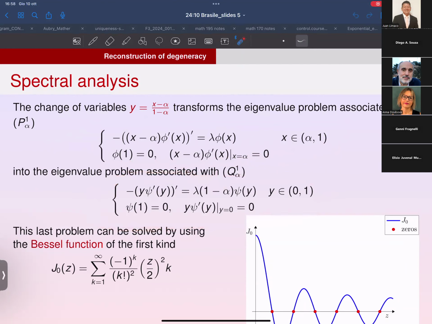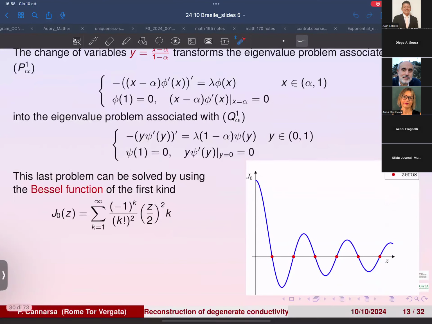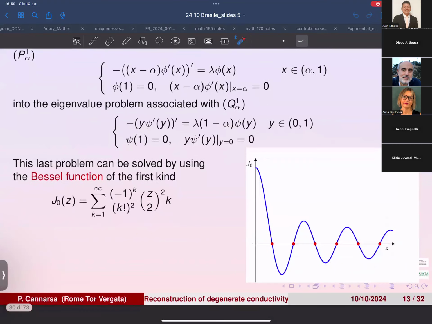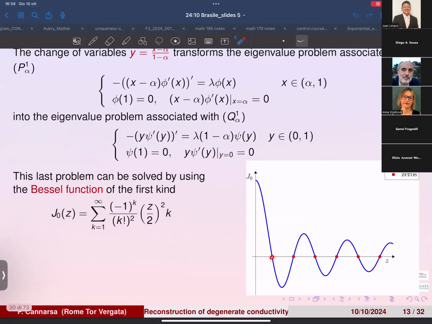Moreover, more importantly, we know how to solve this problem. We can represent the eigenfunctions in terms of the Bessel function of the first kind, J0. J0 is defined in this way, it's a well-known function with many applications in engineering, and we are going to be particularly interested in the sequence of positive zeros of this function, J0.